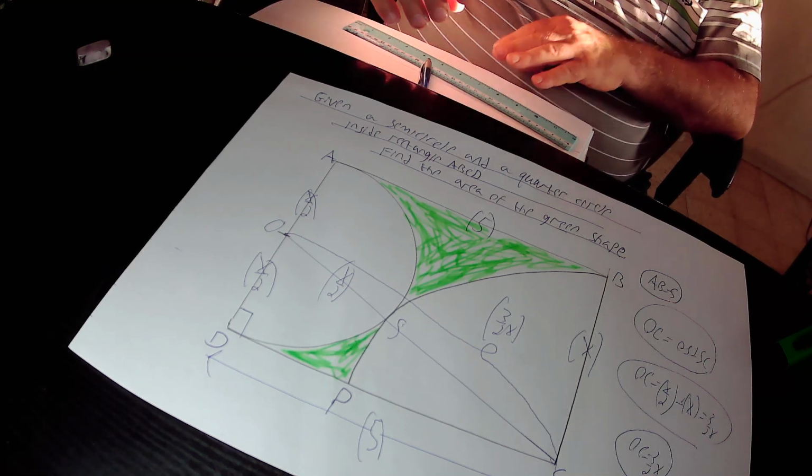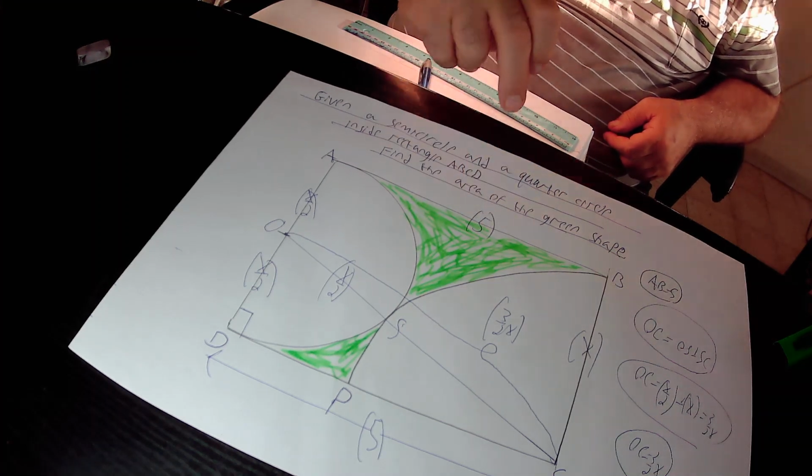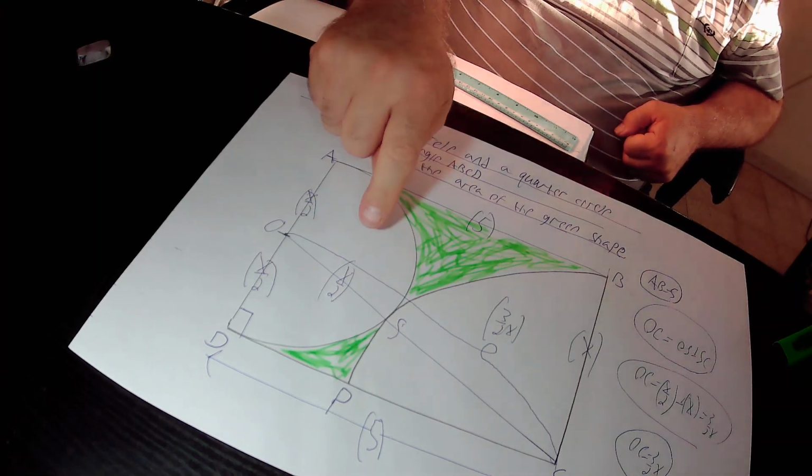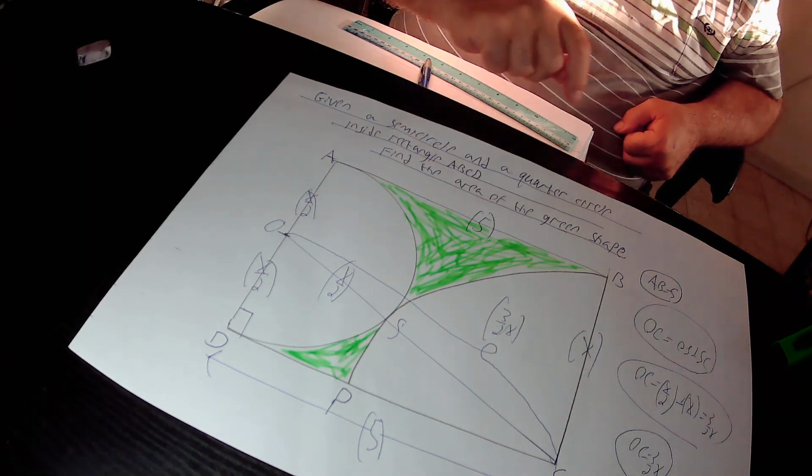For the moment, it is very easy to see that the area of this green shape equals the area of rectangle ABCD minus the area of this semicircle minus the area of this quarter circle.